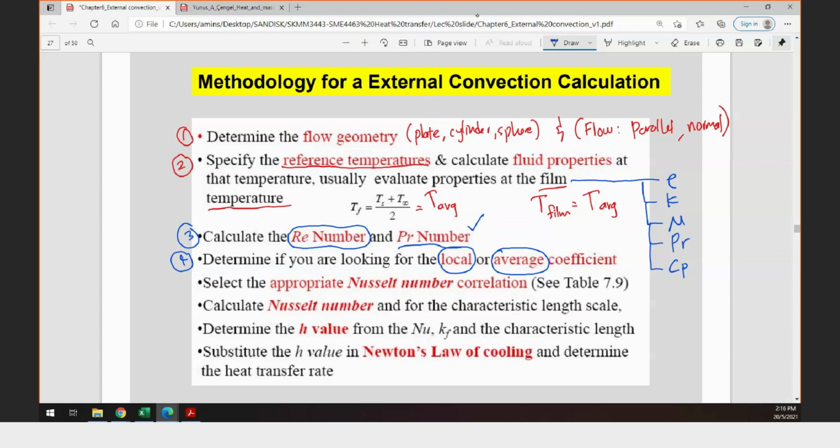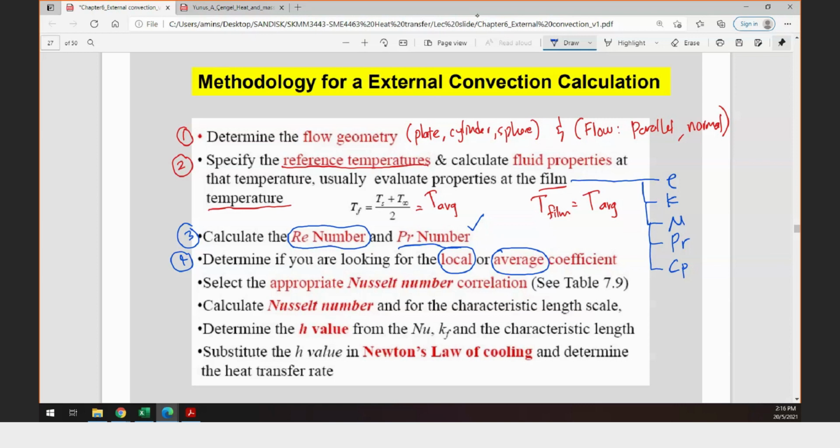Probably you want to look at how much heat transfer from the whole system, not at a specific point. A specific point means probably you want to find the heat transfer at the middle, at the end of the plate, or at the early part or at the edge of the plate. That is a problem that normally requires you to find the local coefficient.